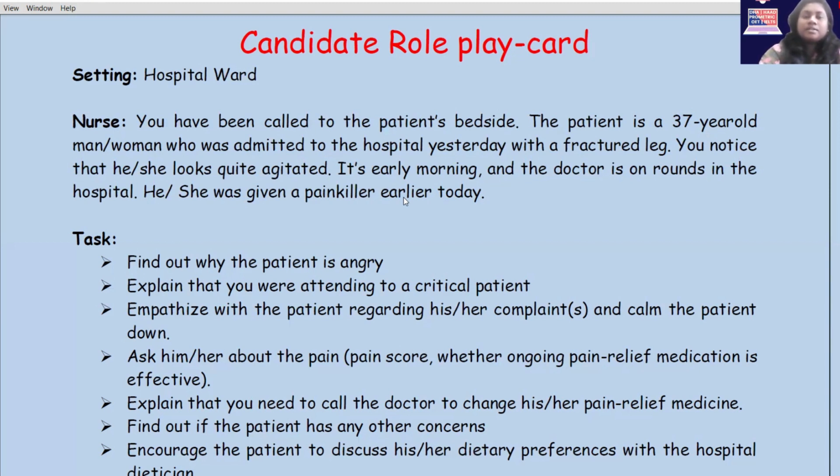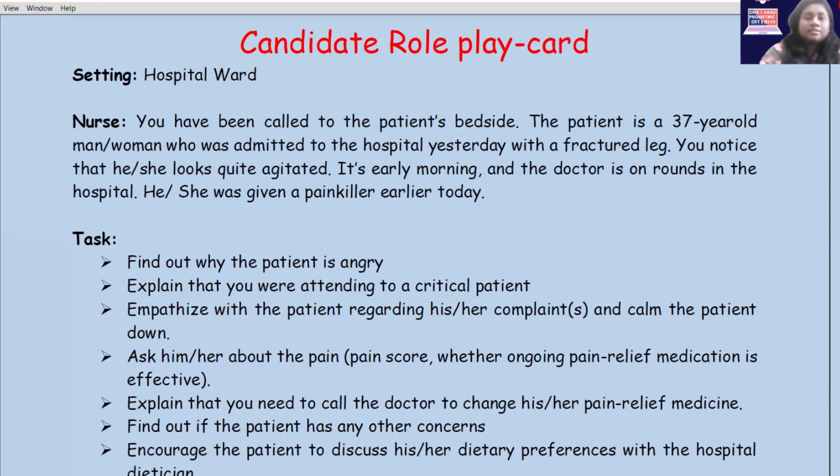Here, the candidate has to give a polite introduction. Politely, they have to introduce themselves and investigate the reason for being called to the patient's bedside. There are different ways that you can frame questions, and I'm giving some examples now.